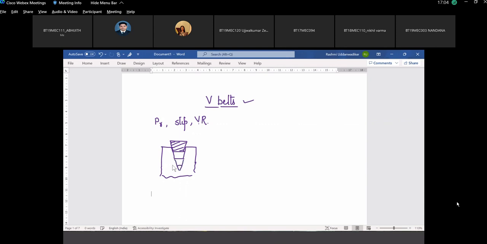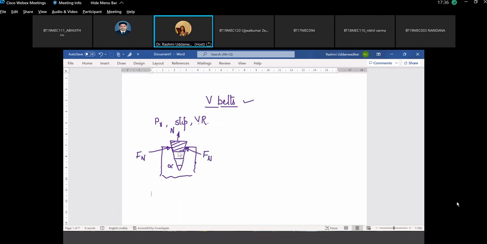This wedge angle is taken as alpha. The normal reaction is N. And here these two surfaces are now the frictional surfaces, since the belt is coming in contact only with the sides of this wedge, not at the bottom.